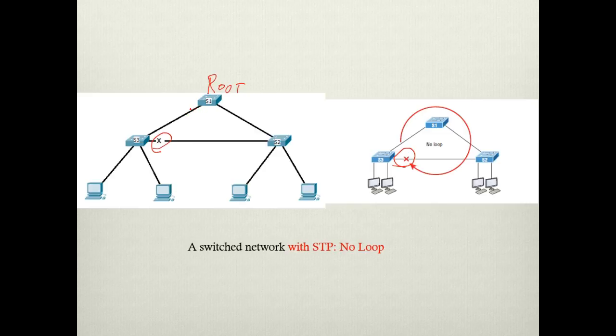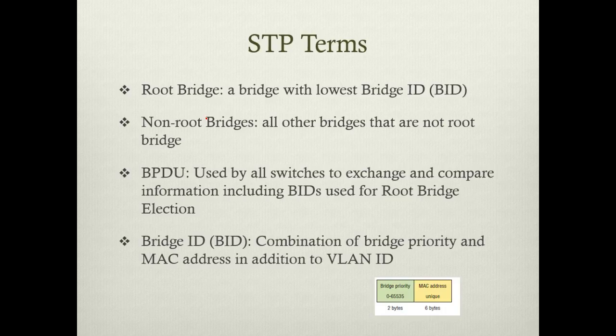The problem is, all things being equal, it's going to use the bridge with the lowest MAC address, which means it's going to use the oldest bridge or switch, because MAC addresses increase as we go through this thing, which means that the most important switch is going to be the least capable one in most cases. That's why you really need to know how to manage spanning trees, so that you can call the tune and dictate which of the switches is going to be the root bridge.